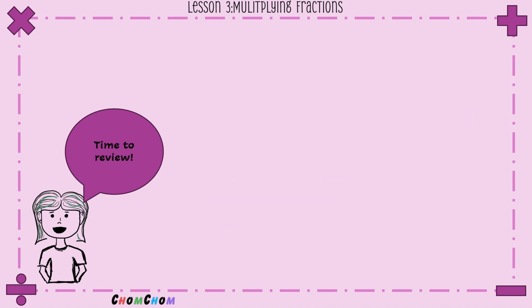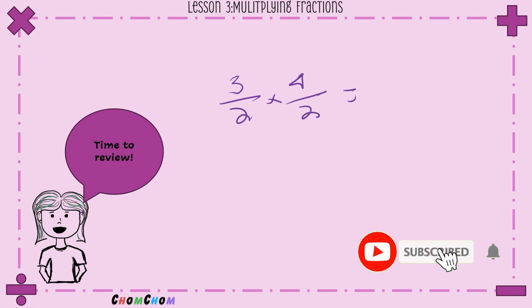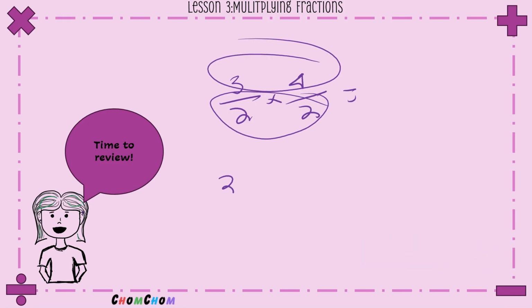Okay, now it's time to review. So we remember that we multiply top numbers by top numbers and bottom numbers by bottom numbers to get our fractional multiplication looking like how we normally are used to and prefer it. So we have 3 times 4, and then 2 times 3, sorry.